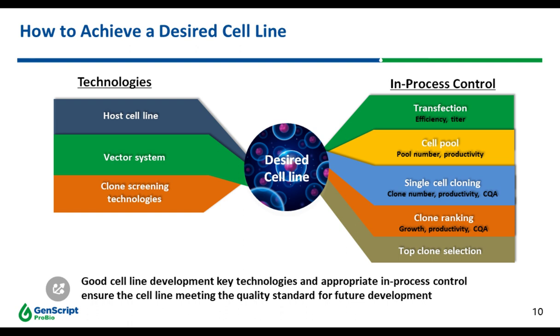So how do we achieve a desired cell line? We have talked about the technology, the host cell vector system, and the clone screening technology. On top of that, we need in-process control of the development procedure, starting from transfection, cell pool, single cell cloning, clone ranking, and the top clone selection.